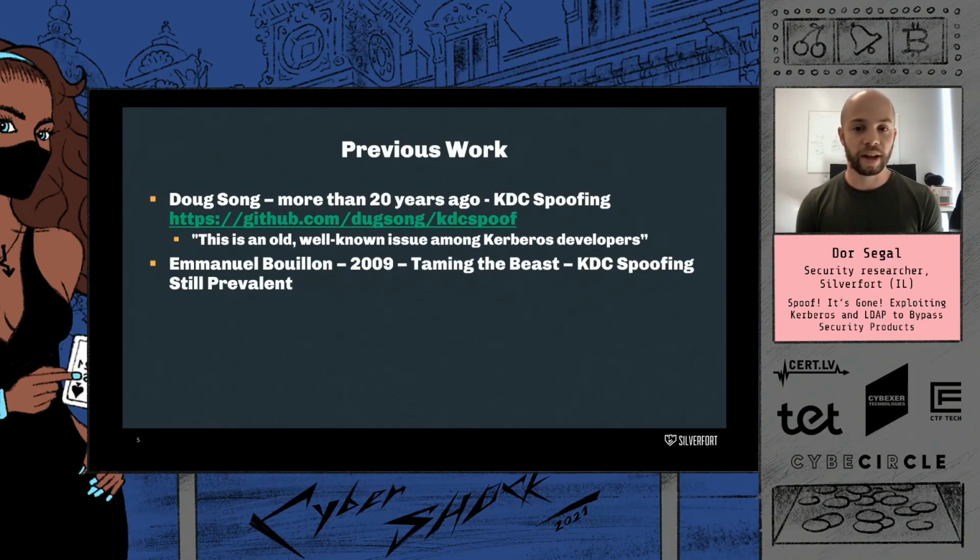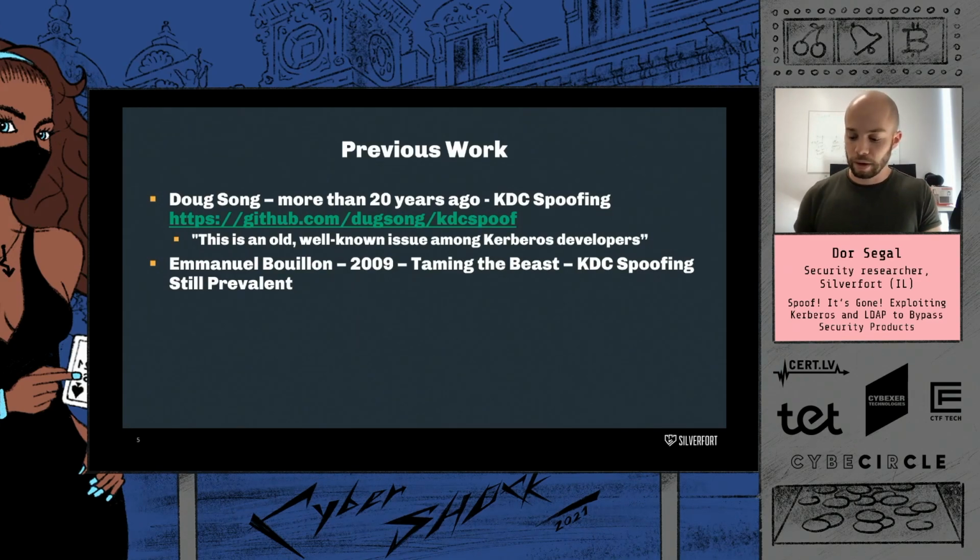In 2009, there was a Black Hat talk just about the same thing. And even now, 12 years later, people improperly implement and work with Kerberos, and we can take advantage of and manipulate this for our own benefit.